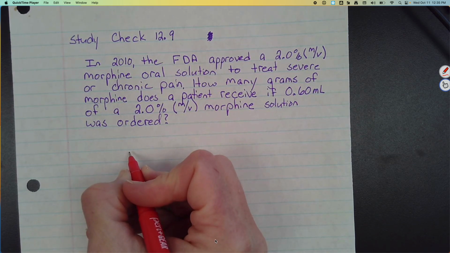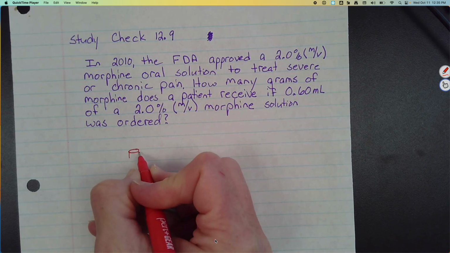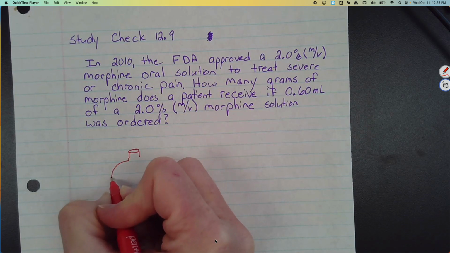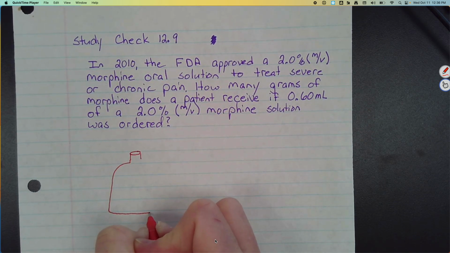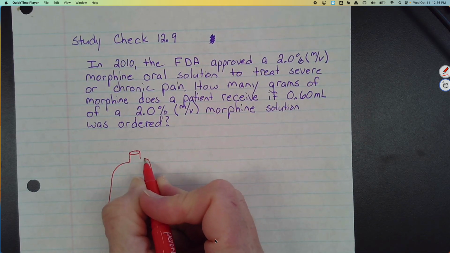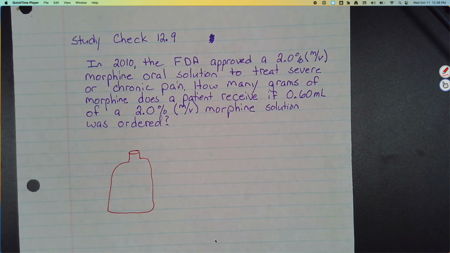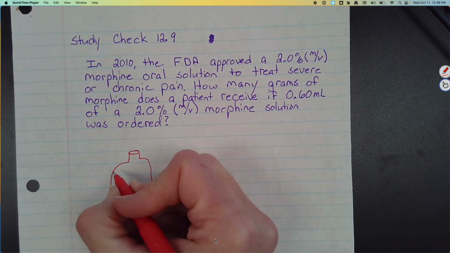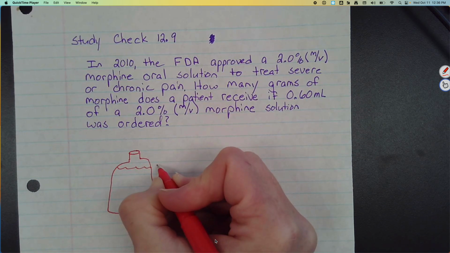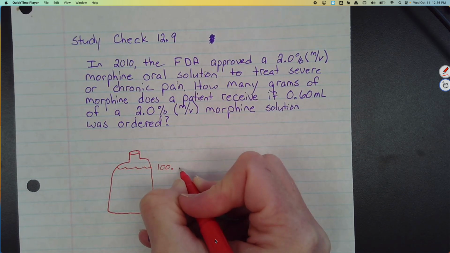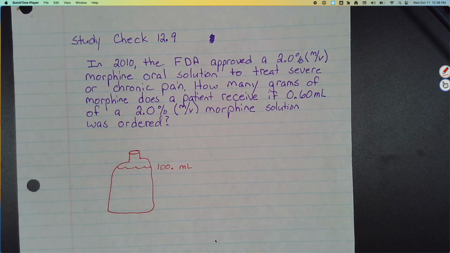Okay, so now we're dealing in medicine. We'll draw it in a bottle because medicine comes in a bottle. That's not really a great bottle, but there we go. There's some morphine solution. Now, when I think about my bottle of morphine solution, I'm going to think about having 100 milliliters of this.